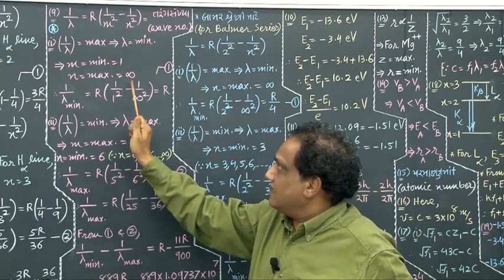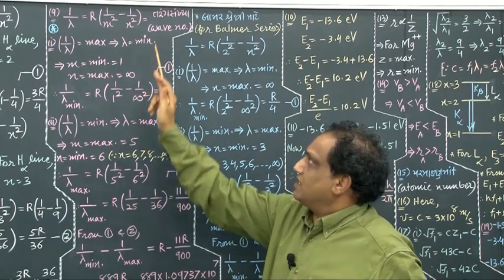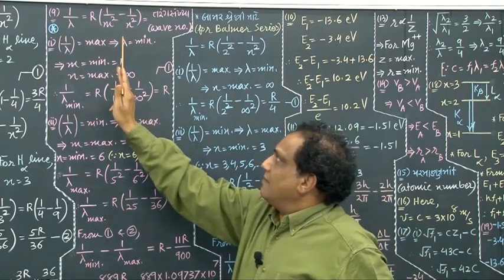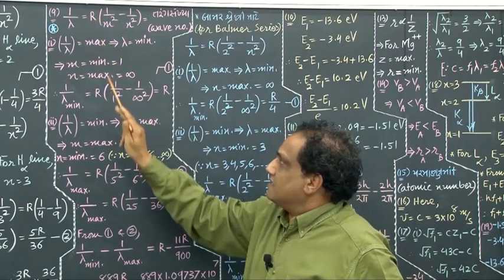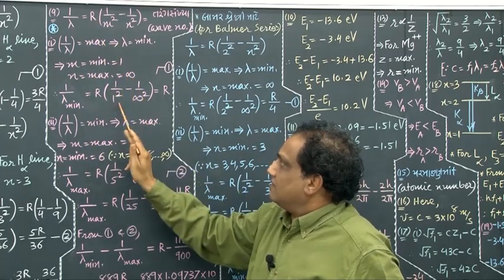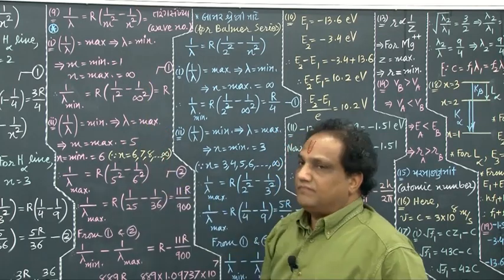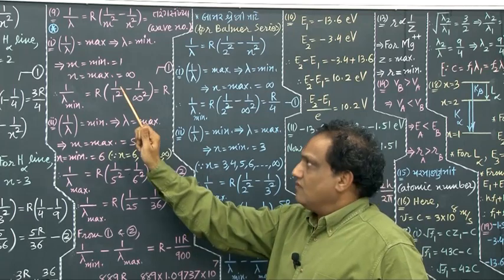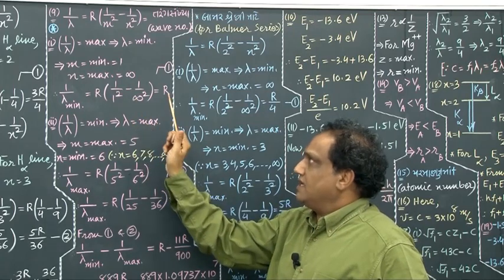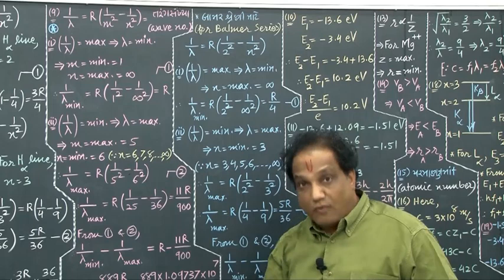Just put these two values in this formula. Instead of lambda I am putting lambda minimum. R as it is, m is 1, n is infinity. 1 upon infinity is 0, 1 minus 0 is 1, 1 into R, that is R. Give it equation number 1.